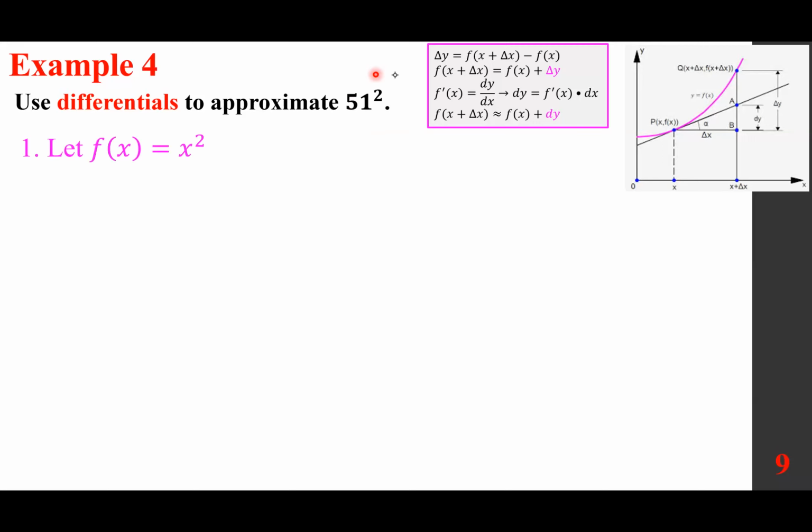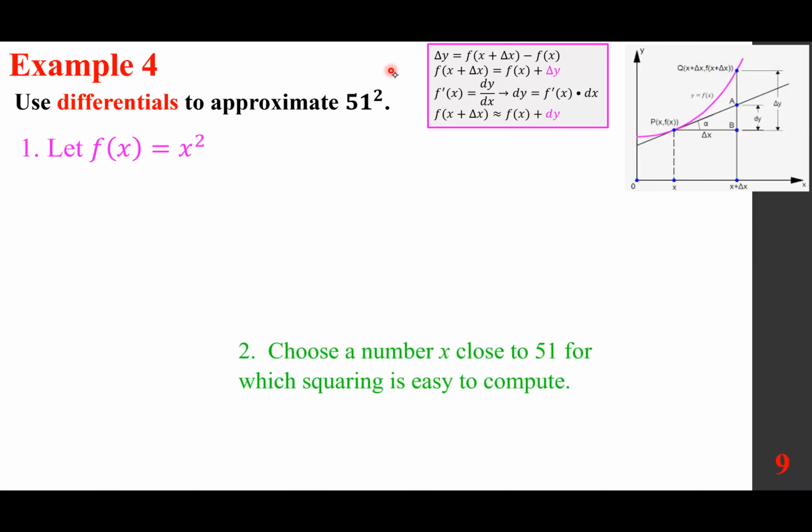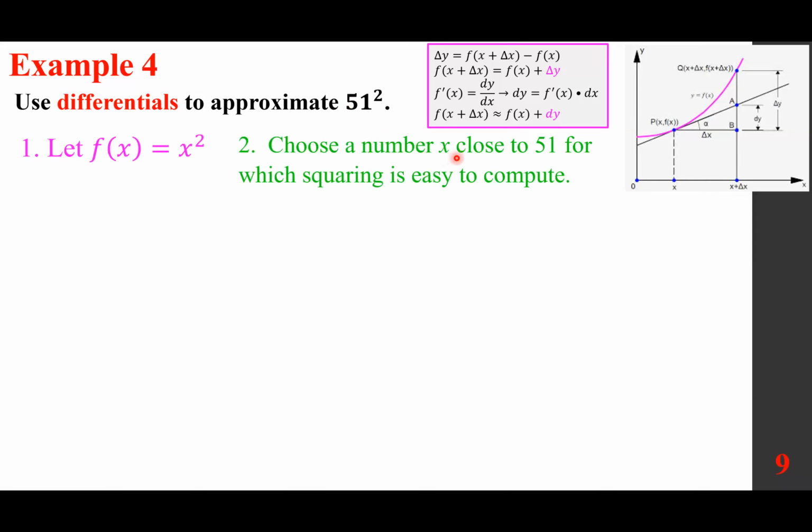If you're raising it to the power of 5, then you let f of x be x to the power of 5. If you're taking a root, square root of 51, then you let f of x be square root of x. The next step is choose a number, x, close to 51, for which squaring is easy to compute.